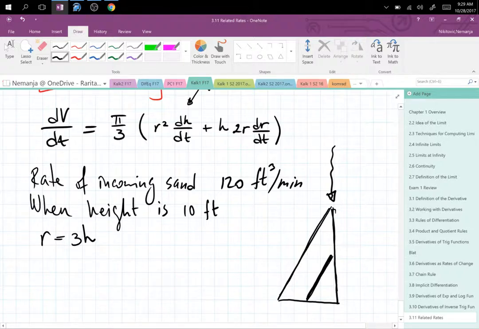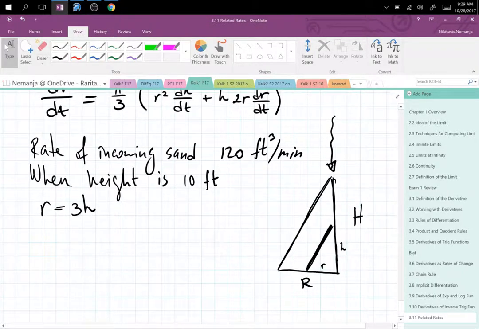I can call this capital H, the height, and this capital R, the radius.